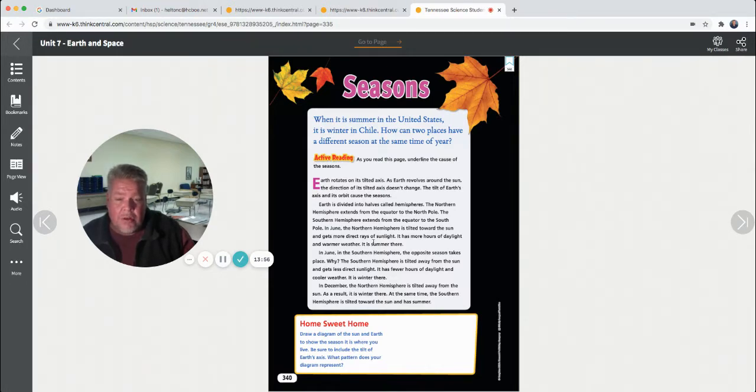In June, the southern hemisphere has the opposite season. Why? The southern hemisphere is tilted away from the sun and gets less direct sunlight. It has fewer hours of daylight and cooler weather. It's winter there. In December, the northern hemisphere is tilted away from the sun. As a result, it's winter there. At the same time, the southern hemisphere is tilted toward the sun and has summer.